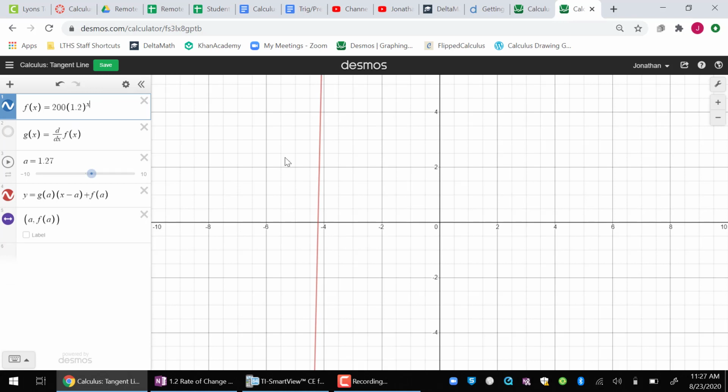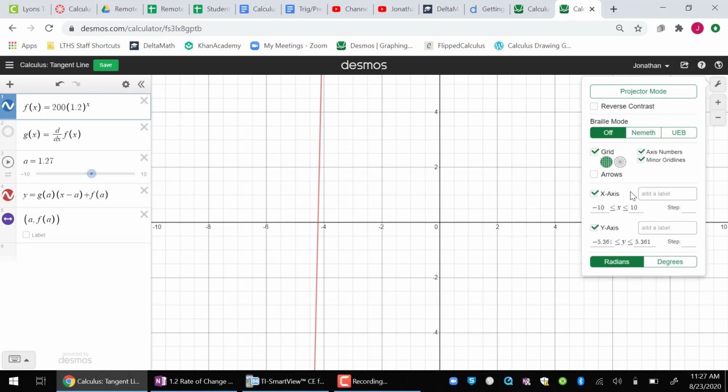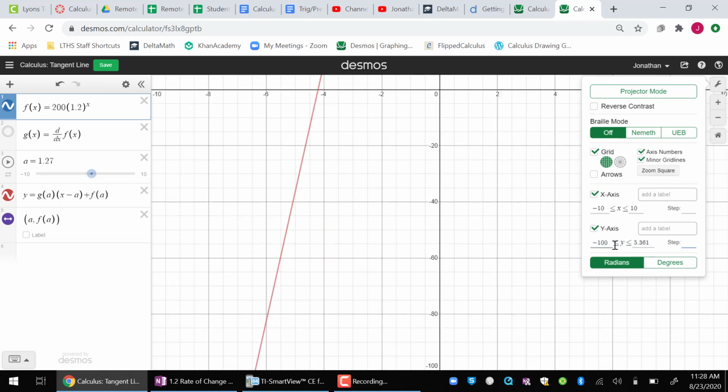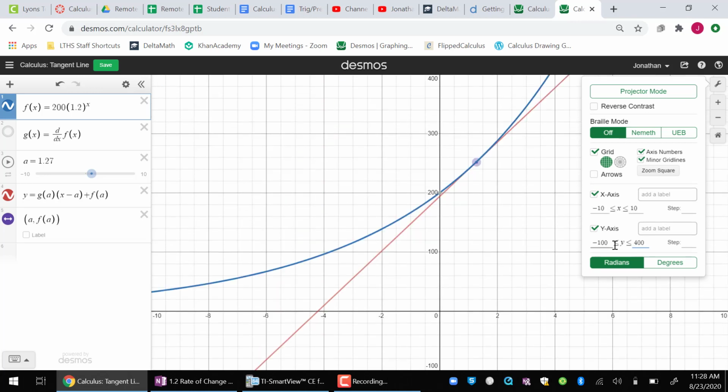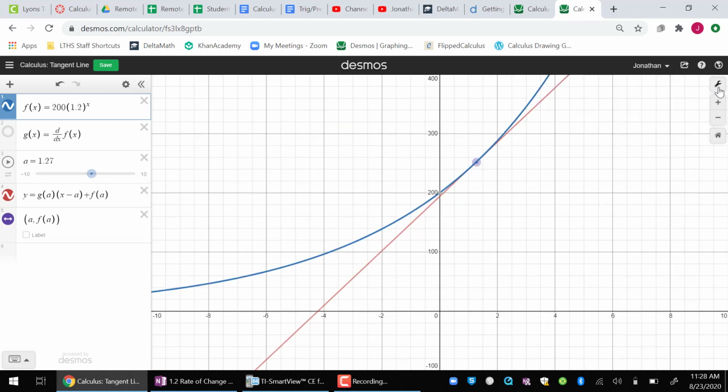To adjust windows and decimals, there's a little wrench button in the upper right-hand corner of the graph. It's called Graph Settings. I'm going to click that. And down here, I have an x min, x max, and then on the y-axis, a y min and a y max. So on the y-axis, I'm just going to fix that to negative 100, and I'll try to go positive 400 again. And that should be a nice window for me to see my picture.